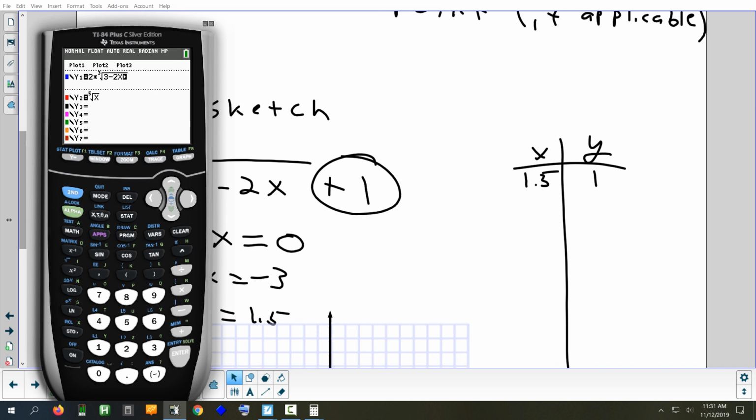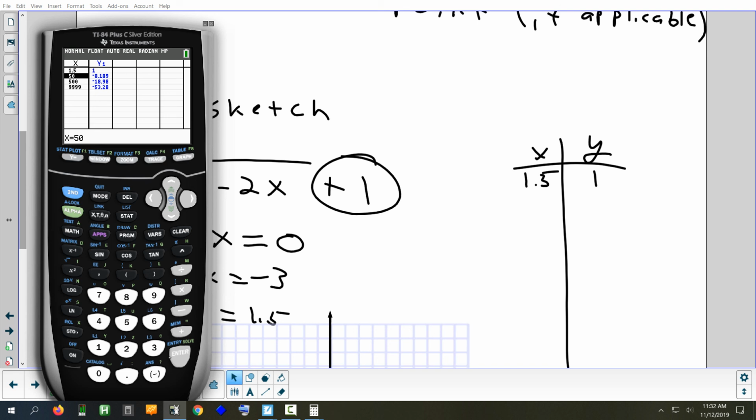Make sure you get out of the radicand, and then do a plus 1. One way we can check that we typed it in right is in my table. I'll put in 1.5 and see if I get 1. Let's go second table, 1.5. Yep, I get 1.